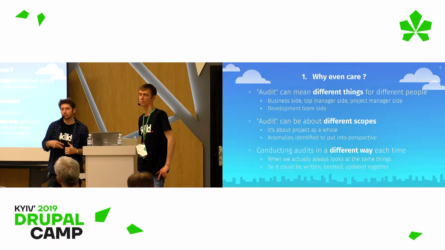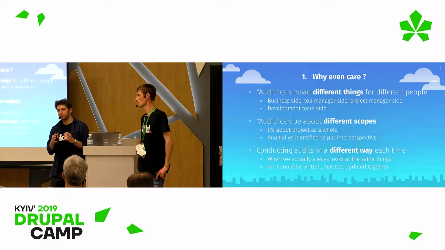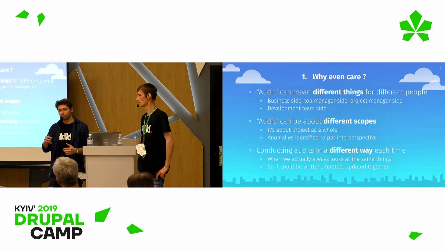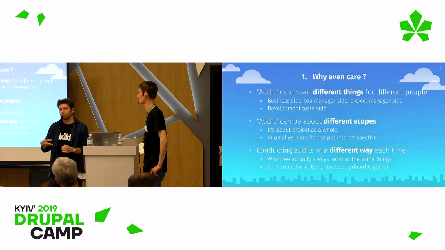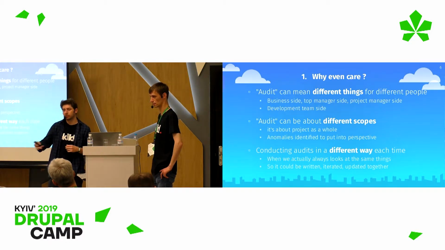And we thought that it would be beneficial for everybody to try to rationalize this and uniform the practices of how we actually perform the audits, because different ways of conducting the audit can bring us to different results in the end, and we actually don't want that. We actually want to standardize the way that we will give back the report to the customer.